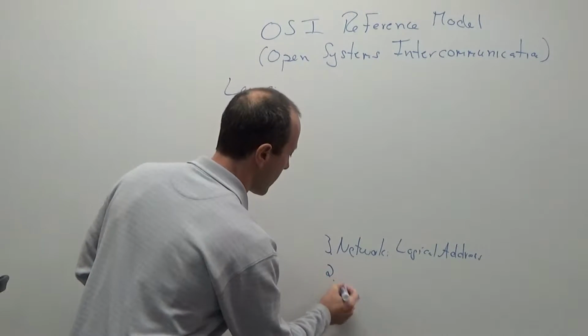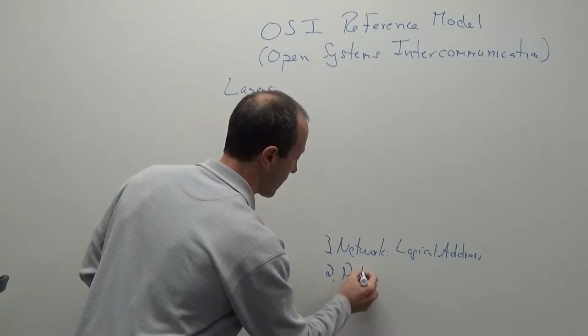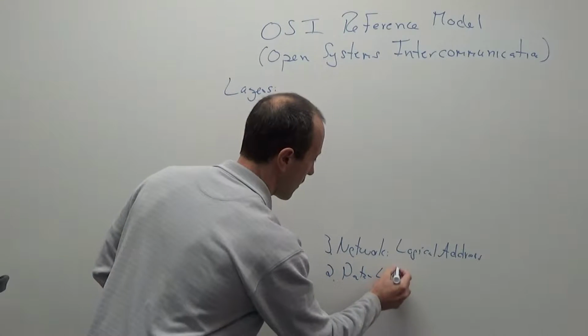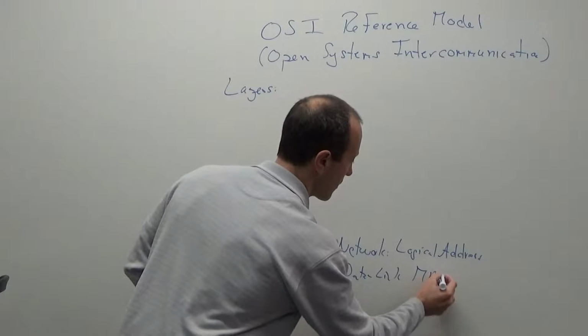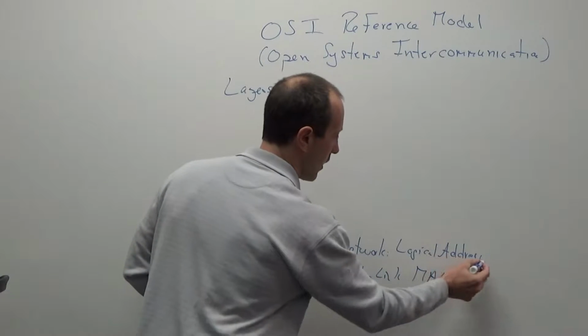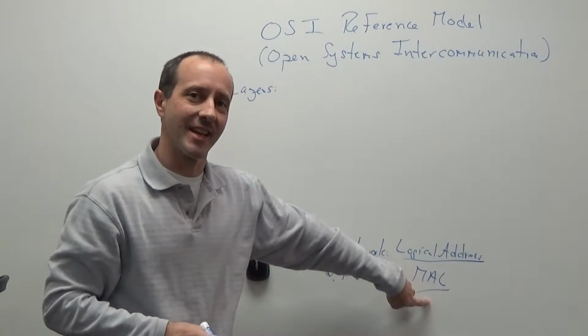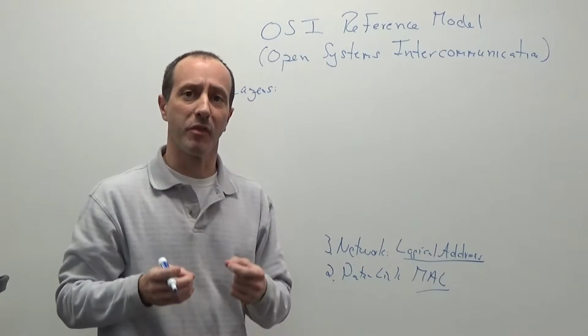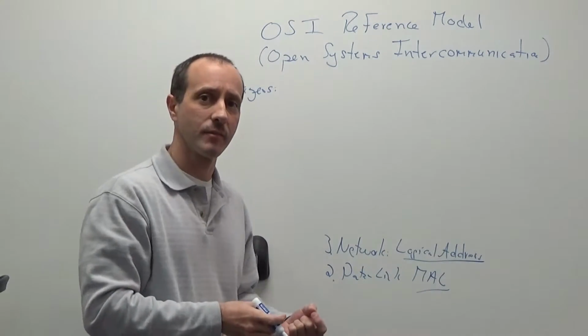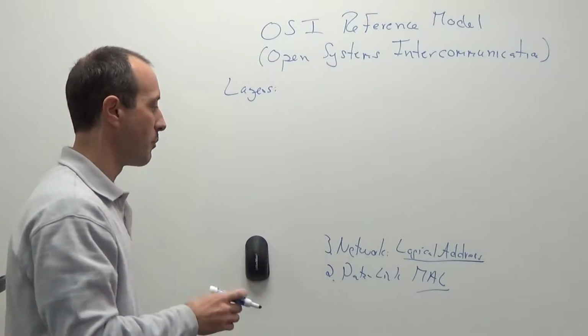Now before, we said there is actually a data link layer MAC address, and now we have a logical address. Now how are they different? Well, the MAC address is actually associated specifically with the physical port on the device. It's burned in, it's actually a burned in address.